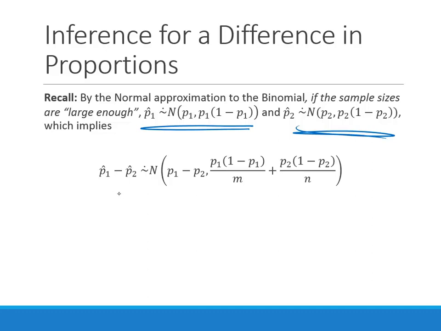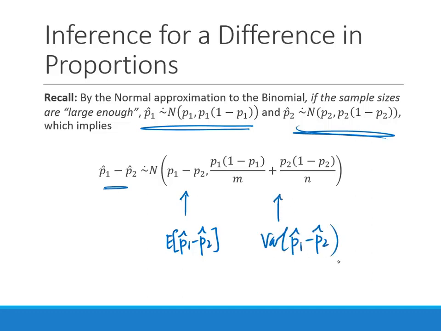So this difference in proportions will also approximately follow a normal distribution with mean here, this is the expected value of p hat 1 minus p hat 2, and this is the variance. Okay, so that's approximately the distribution of our estimator there, as long as our sample sizes are large enough.